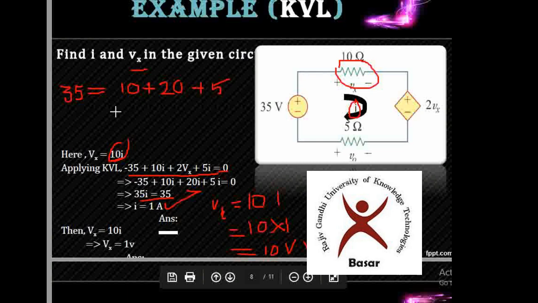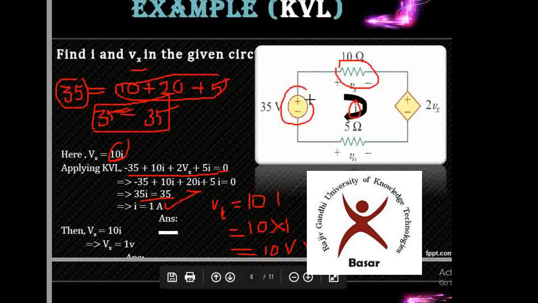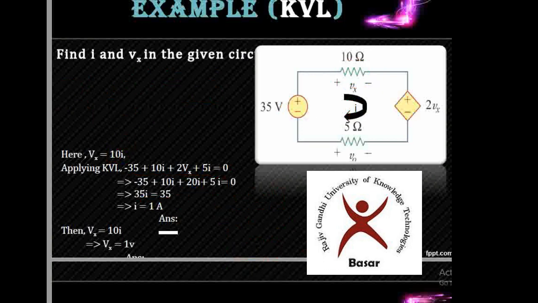So the left hand side is 35 and the right hand side is 35, and we can say our KVL has been proved. The source voltage 35 equals the drop voltages, 35. Here the source of energy is the independent source of 35 volts. So this is one example of KVL. I hope you understand.